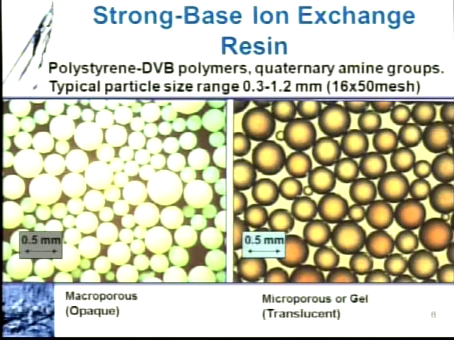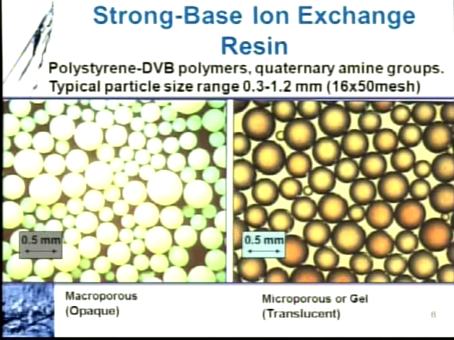So here are some pictures of typical strong base anion exchange resins. Again, polystyrene divinylbenzene polymers. They have amine functional groups. Typically, they're in the 0.5 millimeter to 1 millimeter size range, maybe 16 to 50 mesh. On the left, you've got macroporous resins that are opaque, and on the right, more gel-based resins.